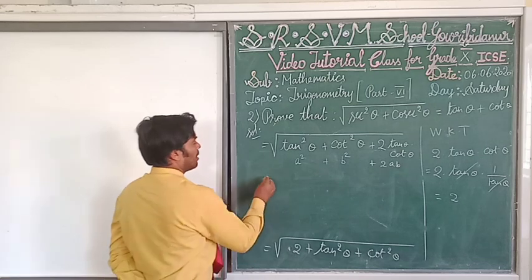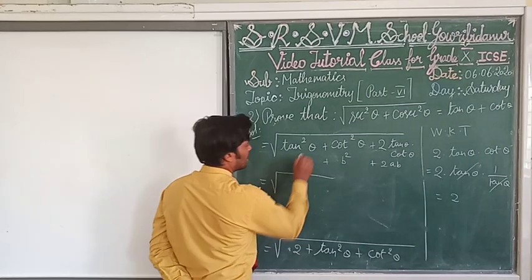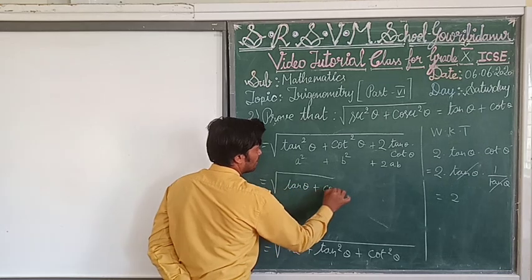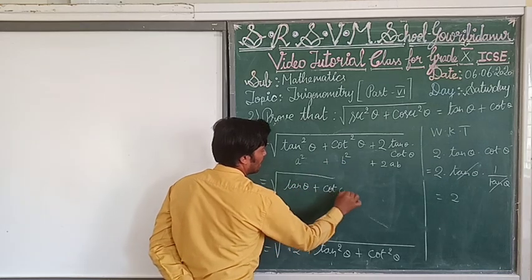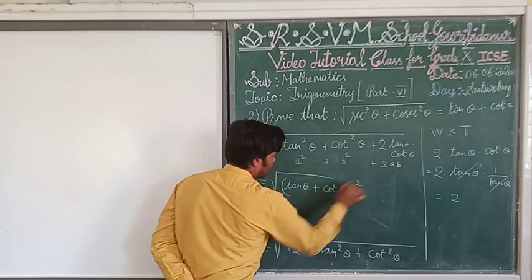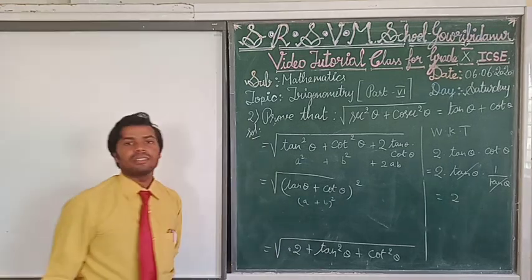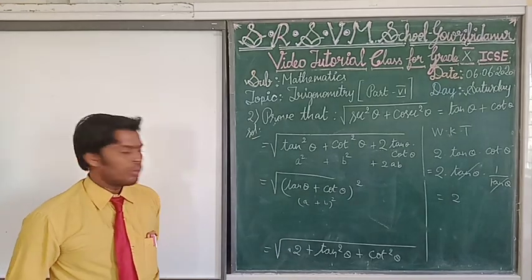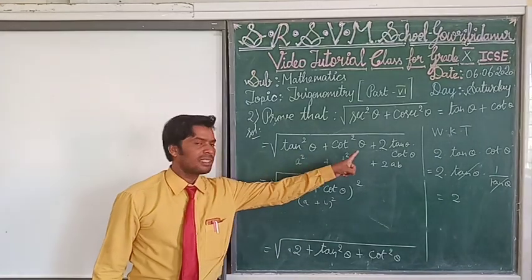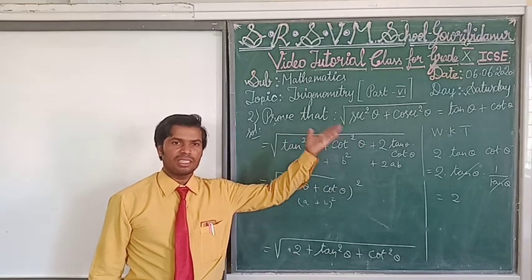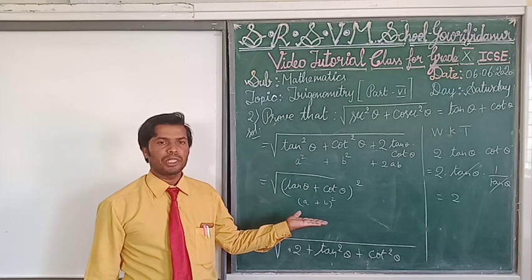So here next step, a is which one? Tan theta. b is which one? Cot theta. So tan theta plus cot theta whole square, that is nothing but the a plus b whole square format. Expanding means we will get this result, so instead of that we can write the a plus b whole square format.